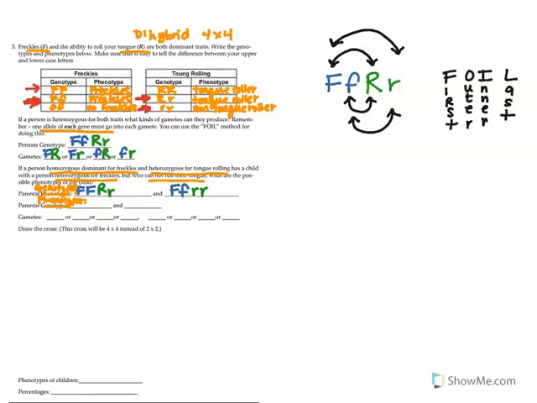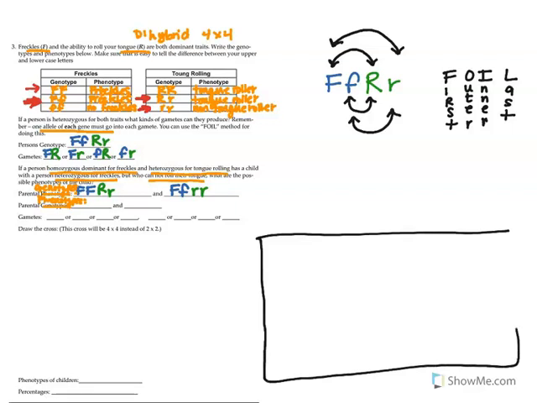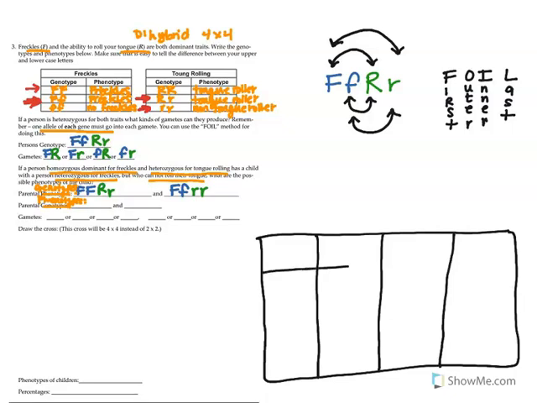The way you set it up is a 16 square or 4x4 Punnett. So to help you with that Punnett, make sure you have a lot of space to run this. You'll have 1 column, 2 column, 3 column, 4. Then on the rows, you will also have 4.